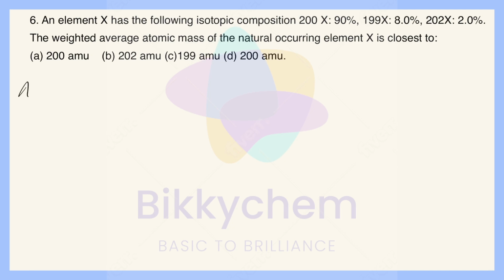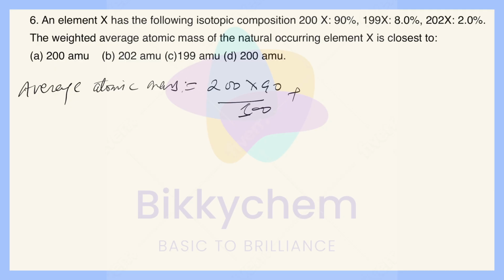To find the average atomic mass, we will multiply 200 × 90/100, plus 199 × 8/100, plus 202 × 2/100.